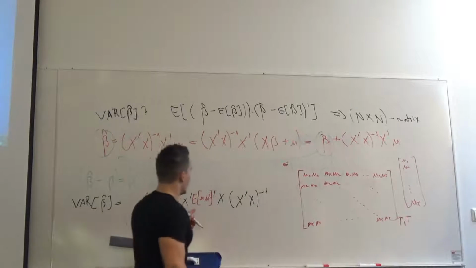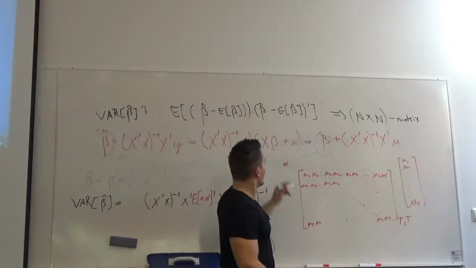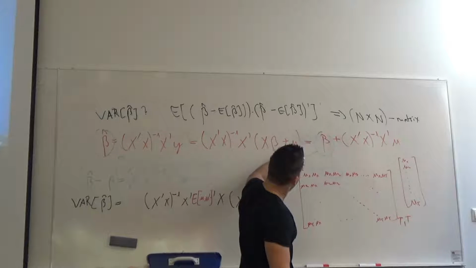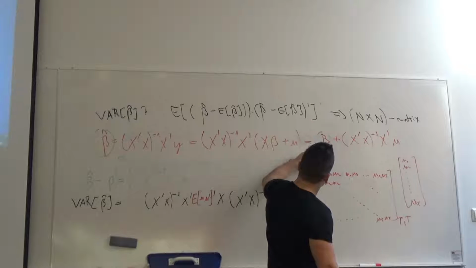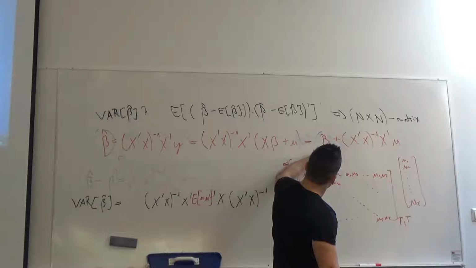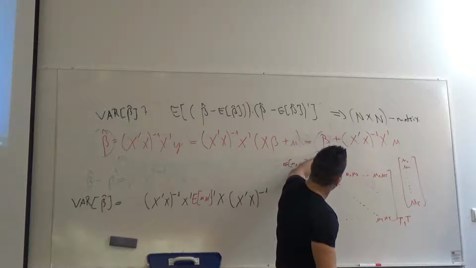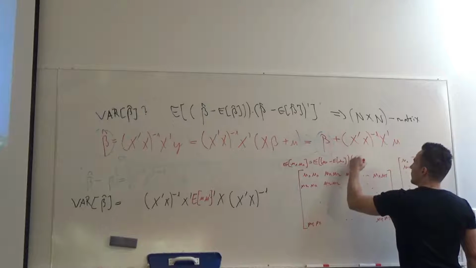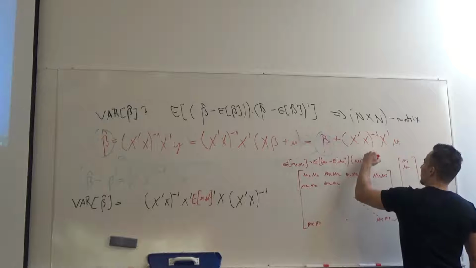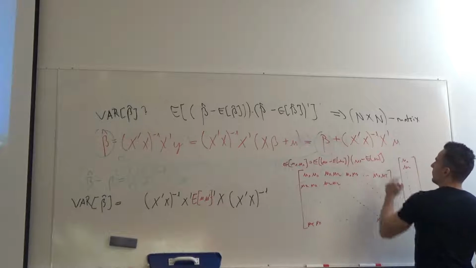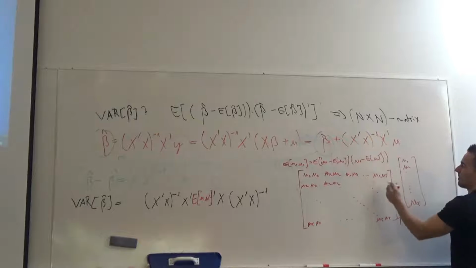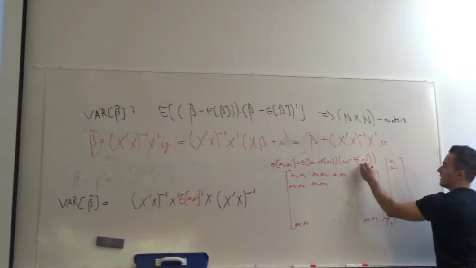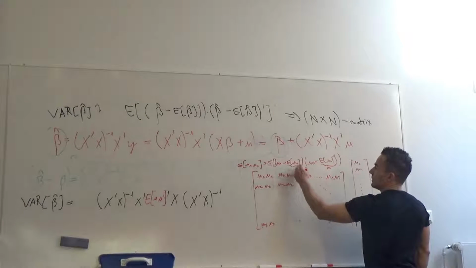If we take the expectation, for instance, of this first guy here, expectation of u1 times u1, what is that? We can write it as the expectation of (u1 minus the expectation of u1) times (u1 minus the expectation of u1). The expectation of u1 is, according to our assumption, 0. So this is 0, and this as well.